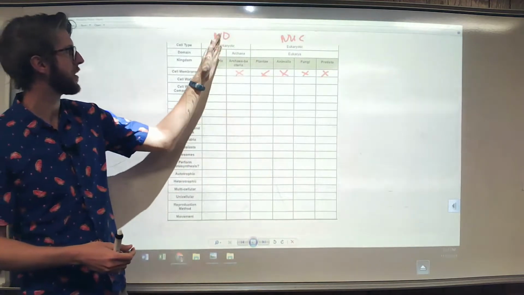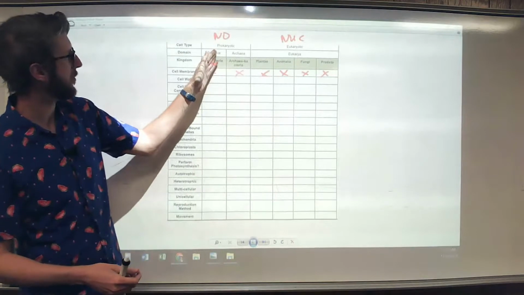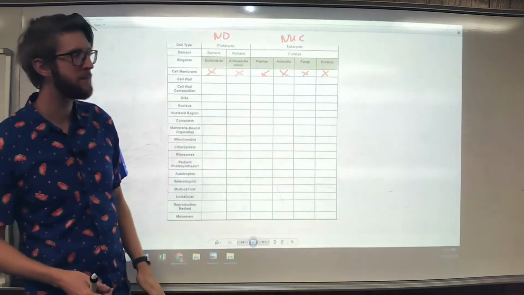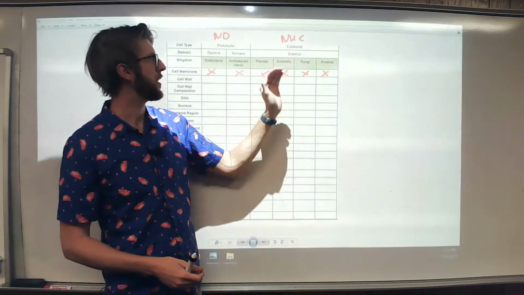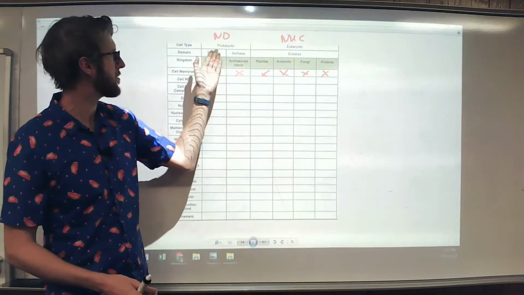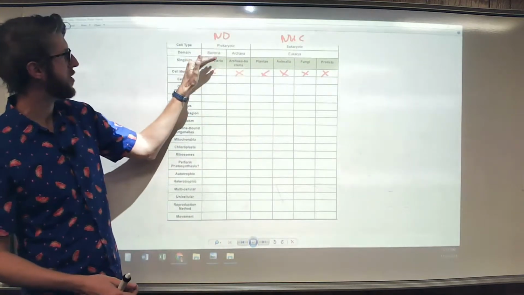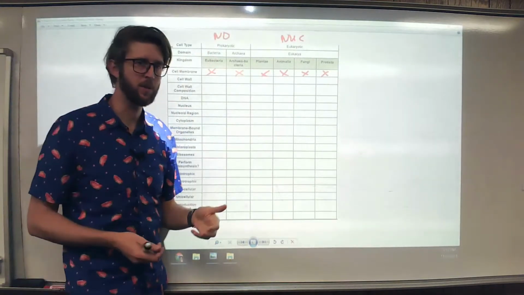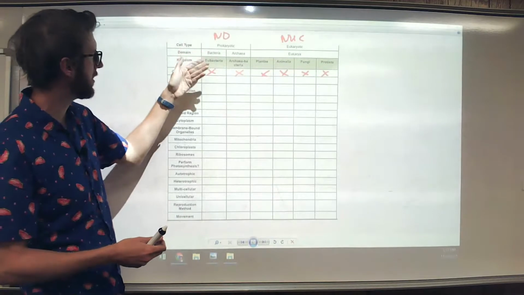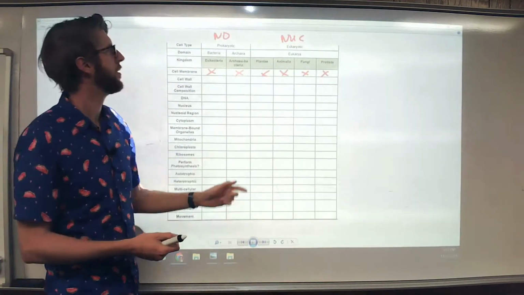Within the prokaryotic cell types, there are two domains that are prokaryotic. They are bacteria and archaea. And in eukaryotic cells, there's only one domain, eukarya. So there's three domains: bacteria, archaea, eukarya. And within each domain, you have kingdoms. In the domain bacteria, you only have one kingdom, and it's eubacteria.